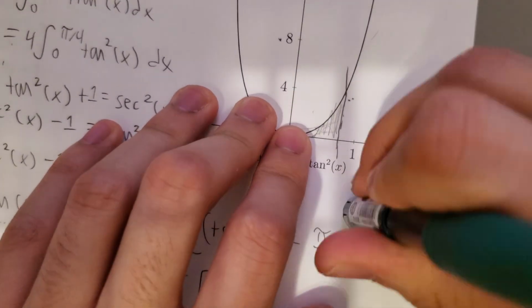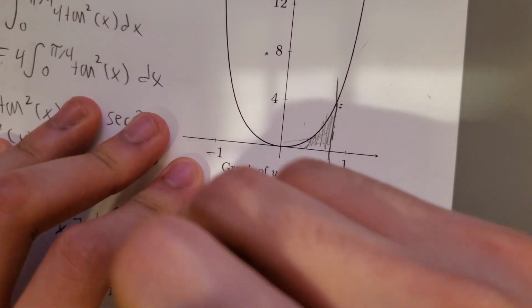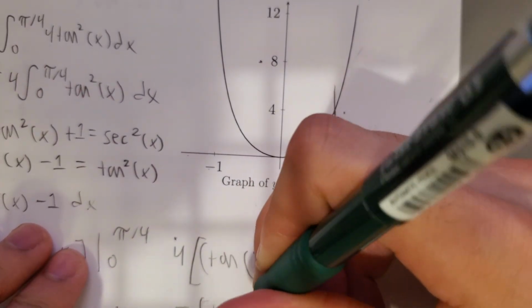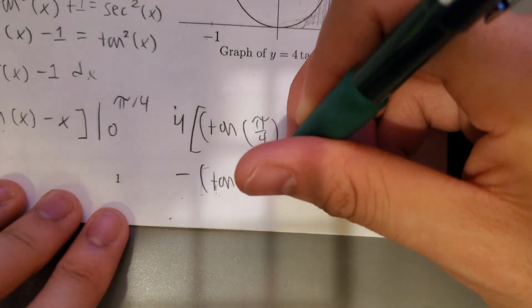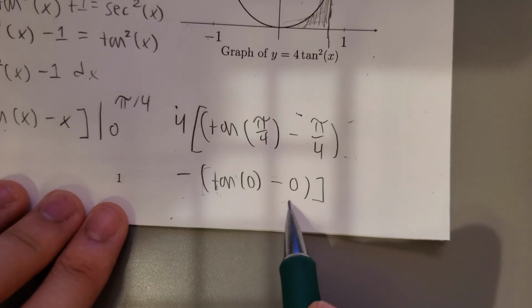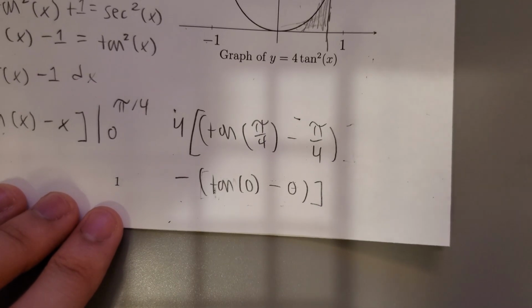Wait, hold on. Let me remove this bracket since these are part of the same thing. Minus tangent of 0 minus 0. And this just simplifies down to 0 because tangent of 0 is 0, and then 0 minus 0 is 0.